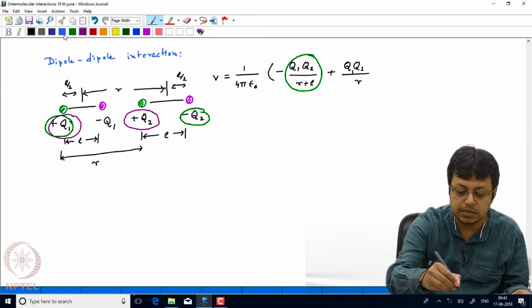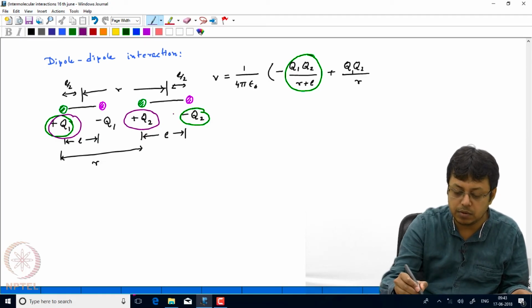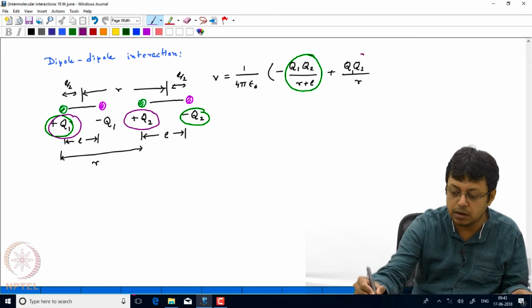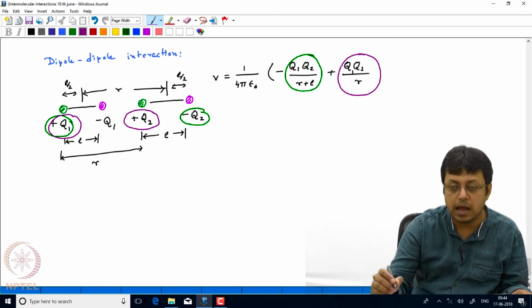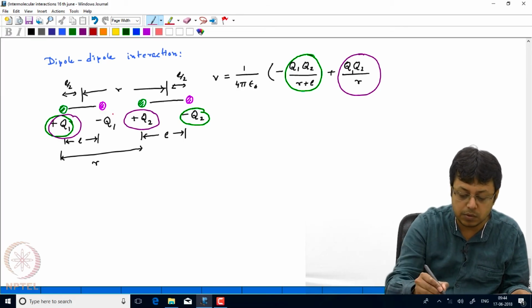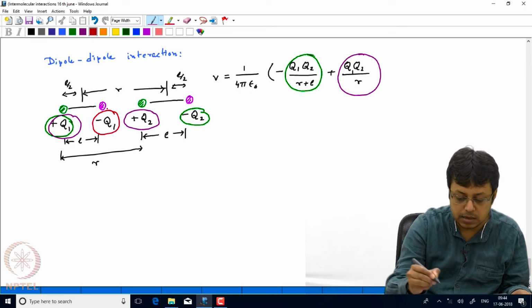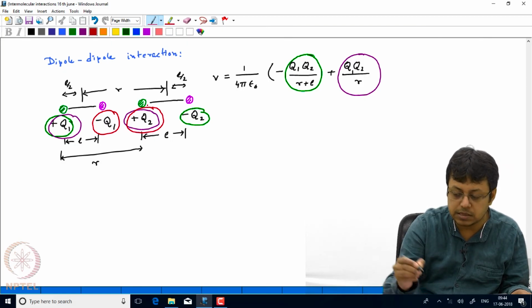This was our second term, where we considered plus Q1 and its interaction with plus Q2. Now, let us focus on minus Q1, which is this, and first take plus Q2.